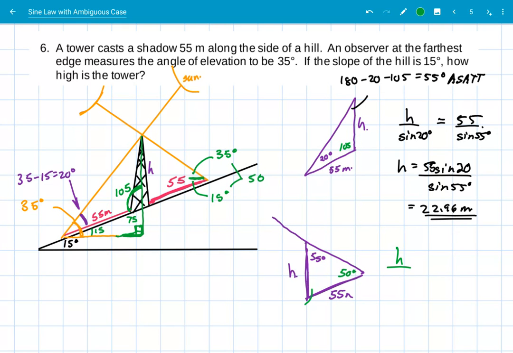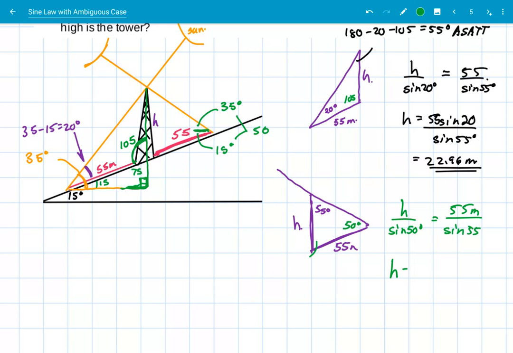So h over the sine of 50 is 55 meters over the sine of 55. So h equals 55 sine of 50, this time instead of the 20, over the sine of 55 degrees. And h will be 51.4 meters.